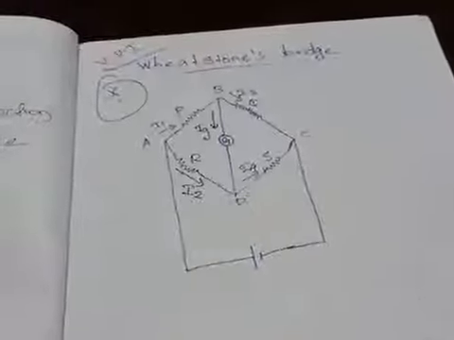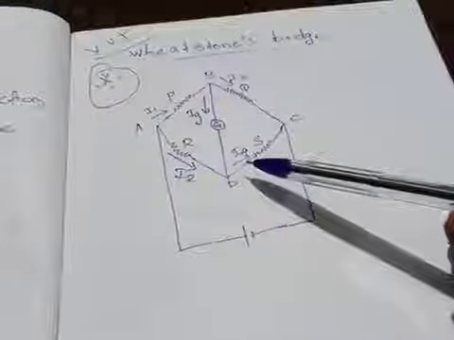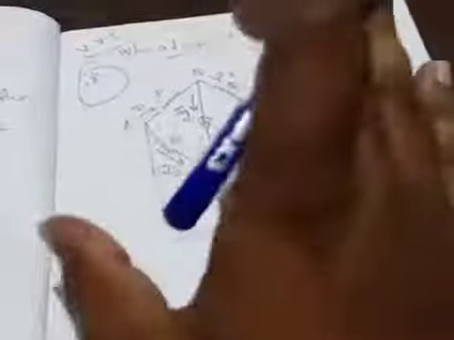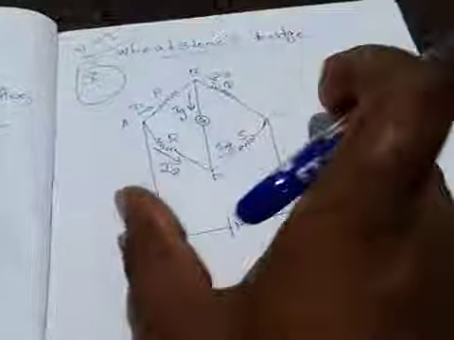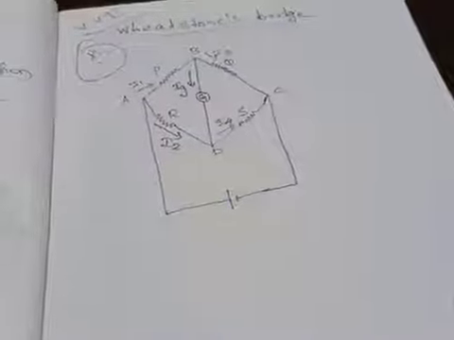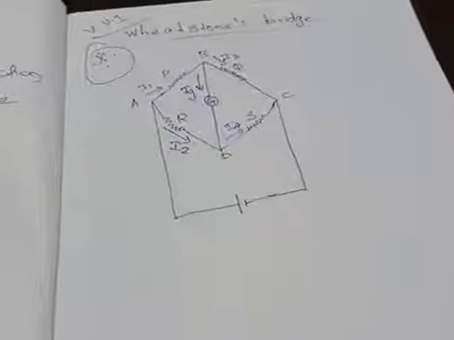First, you have to know how to draw this diagram correctly with A, B, C, D, P, Q, R, S and the direction of the arrow marks. If you draw this diagram correctly, then you will not make mistakes in your derivation.